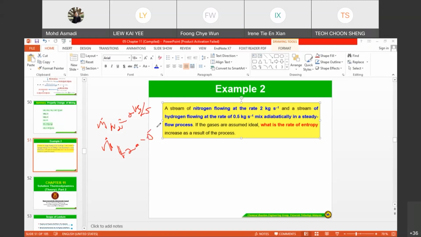Thank you, Nurul. Kilogram per second. Okay, molar flow. Molar flow, what is the symbol I want to use? N lah. Okay, N dot.